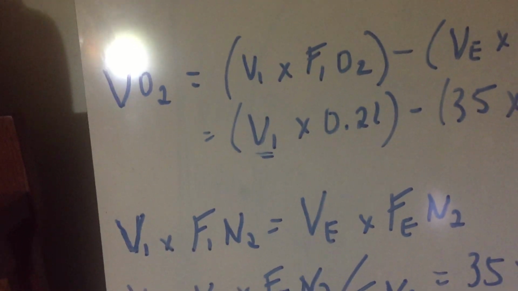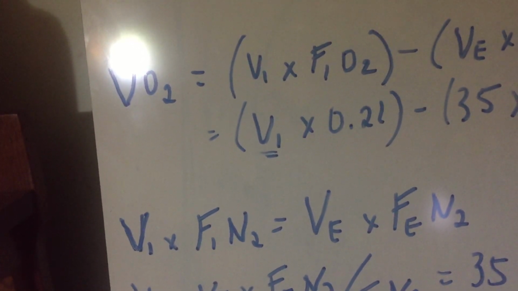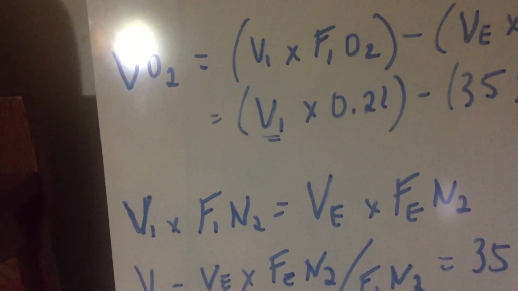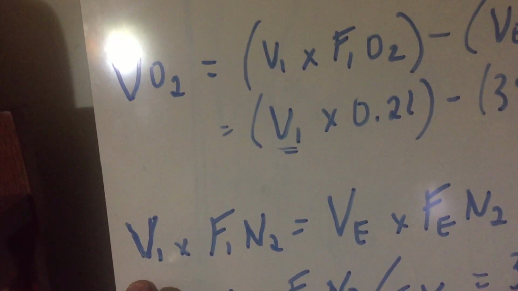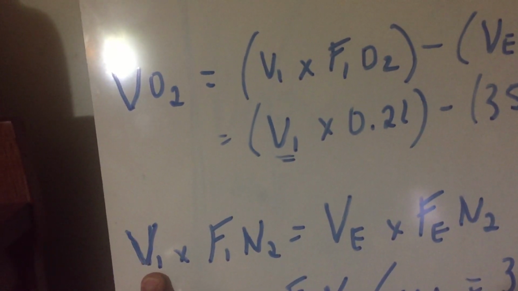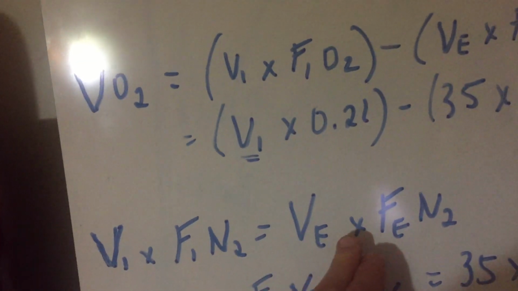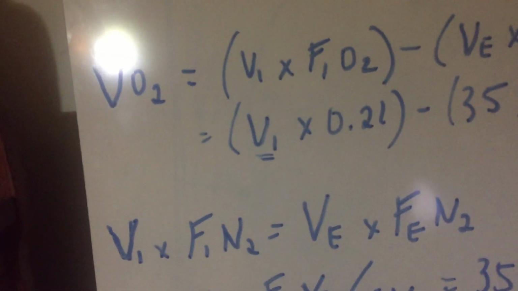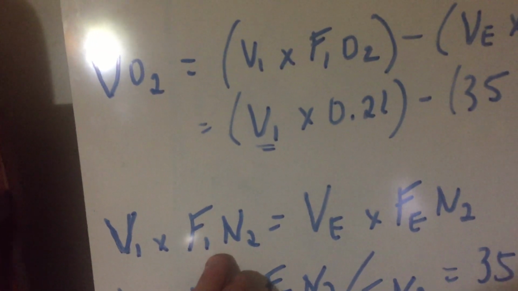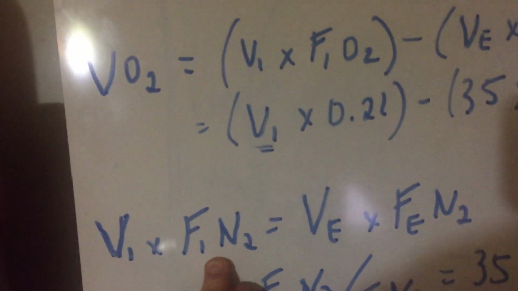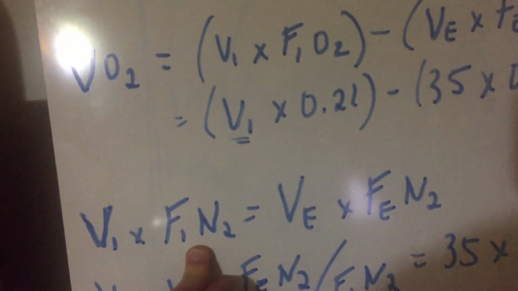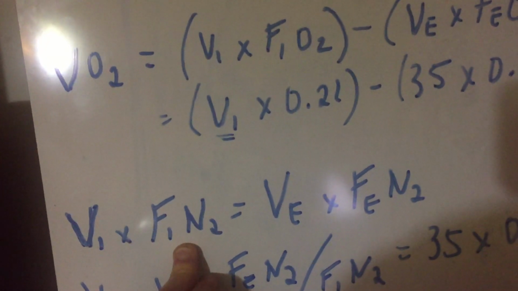With regards to nitrogen in the air, the volume that you breathe in is equal to the volume you breathe out. So you can use this fact to solve for ventilation inspired in this equation. Your fraction of inspired nitrogen is always 79%. So the fraction of nitrogen in the air that we breathe is always 79%.